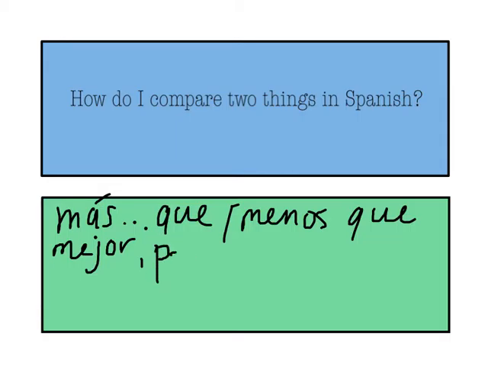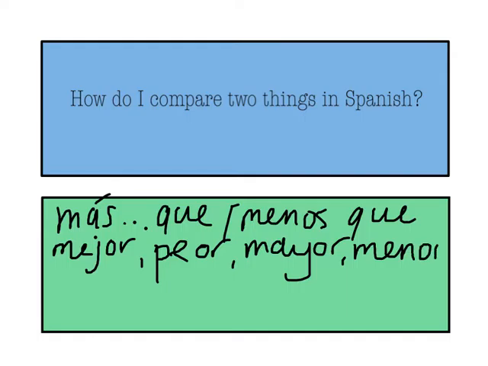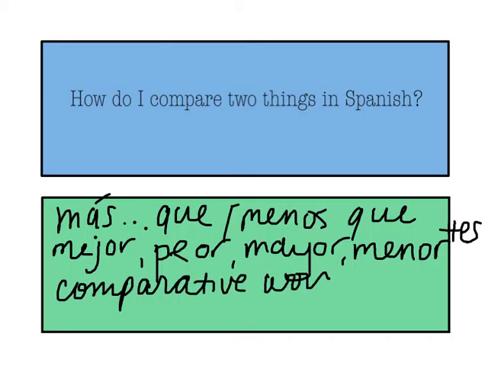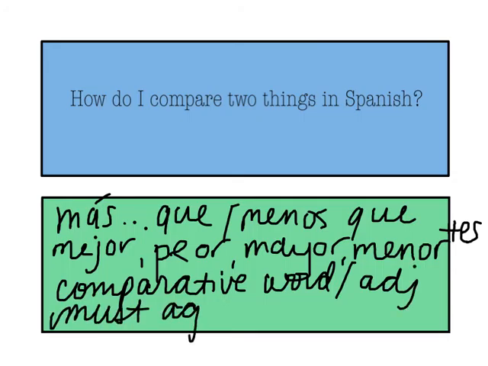Put those in the same order as we learned them. Mayor and menor. I would also mark down that for these you can have plus es if it's plural, and that the comparative word or the adjective in the middle of that equation must agree with the first noun.